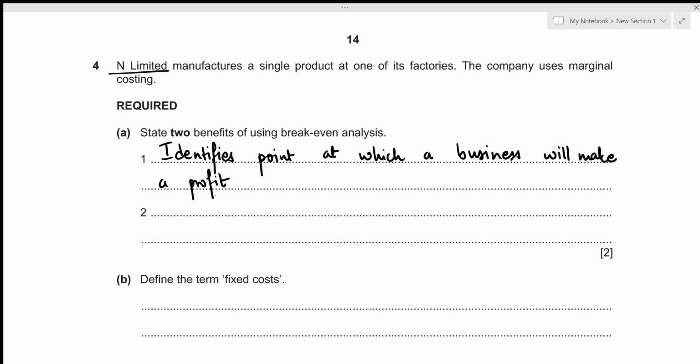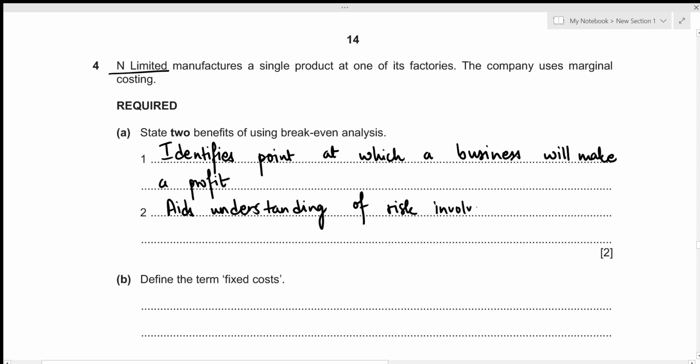So this helps in understanding that concept as well. Let's write it down. Aids understanding of risk involved in a proposed manufacturing venture. This concludes the first part of this question.